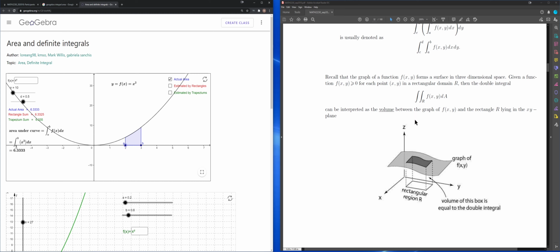In the case of a double integral, you're going to be integrating over a region down in your xy plane here. In this particular example, I'm integrating over a region that is rectangular in the xy plane.